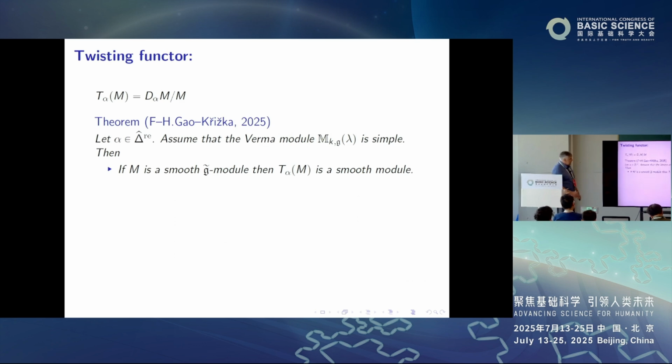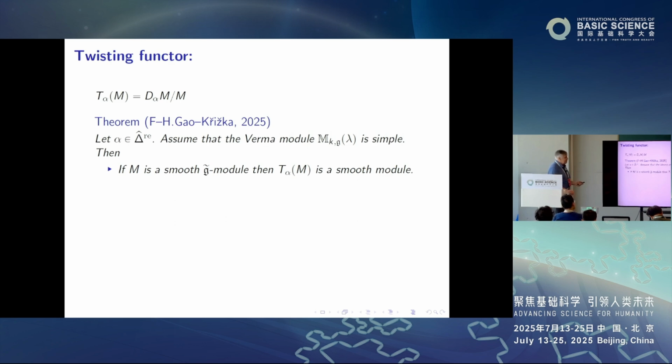And in our recent result with Huimin Gao and Libor Krizka, we look at the properties of these T alphas. So first of all, just for simplicity, I apply it to a Verma module for the affine algebra, and I assume that this Verma module is simple. Again, for simplicity.